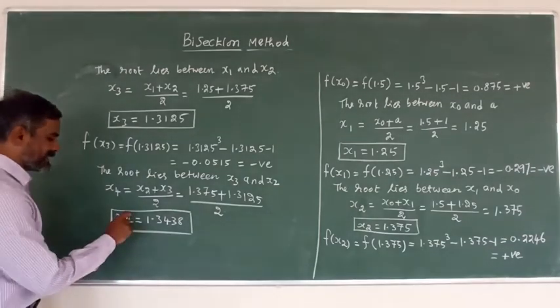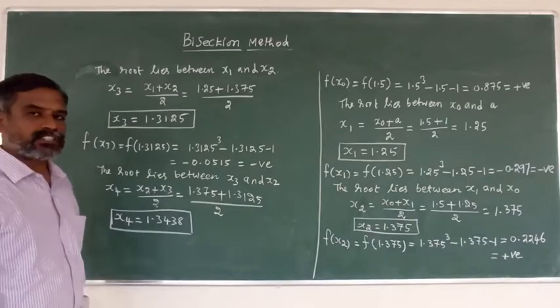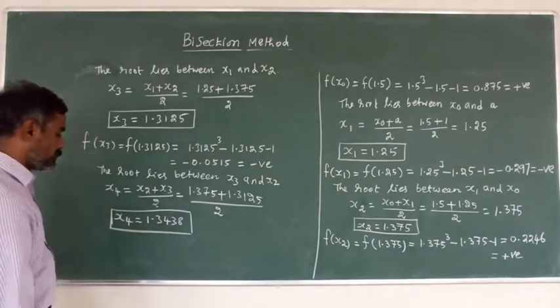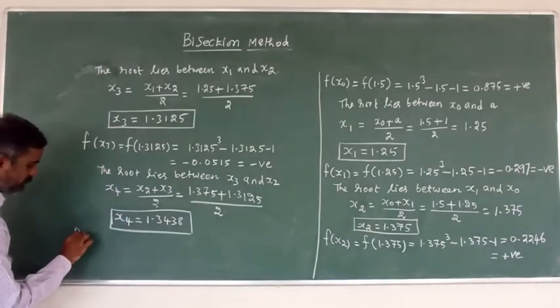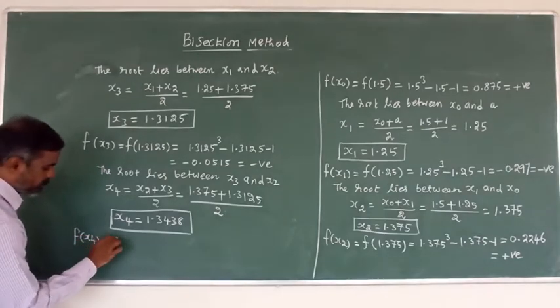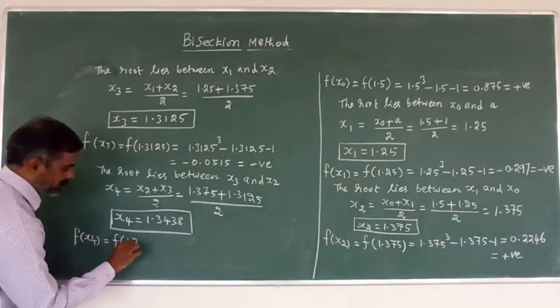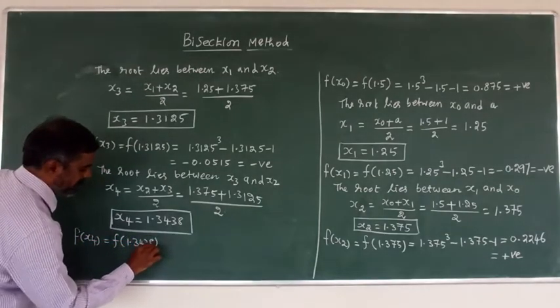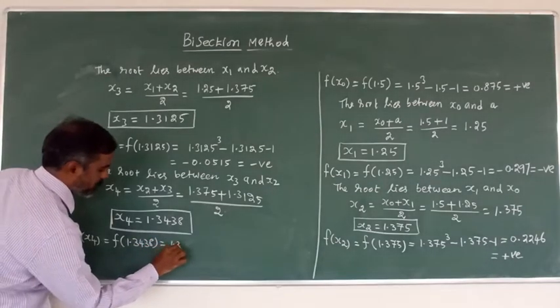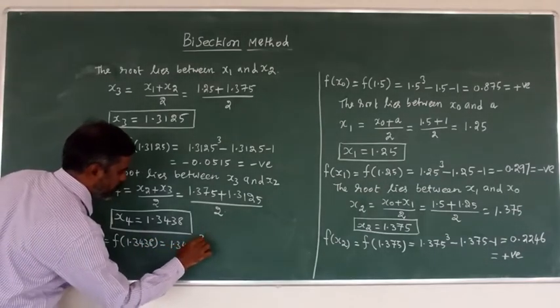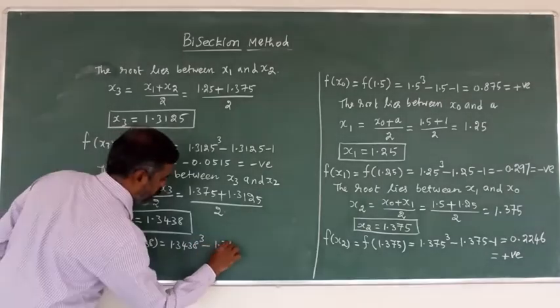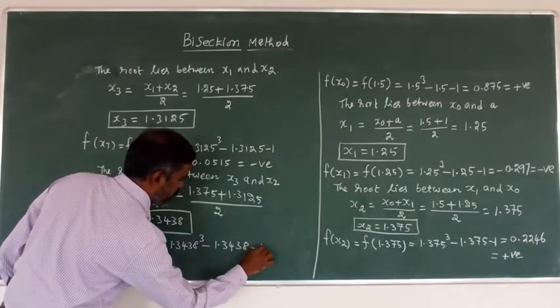Now to check whether the x4 value is positive or negative, substitute f of x4 equal to f of 1.3438 in f of x: 1.3438 cube minus x value 1.3438 minus 1.